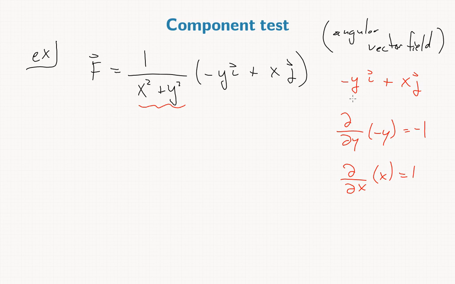So this version of the angular vector field is not conservative. But I claim that this one is.